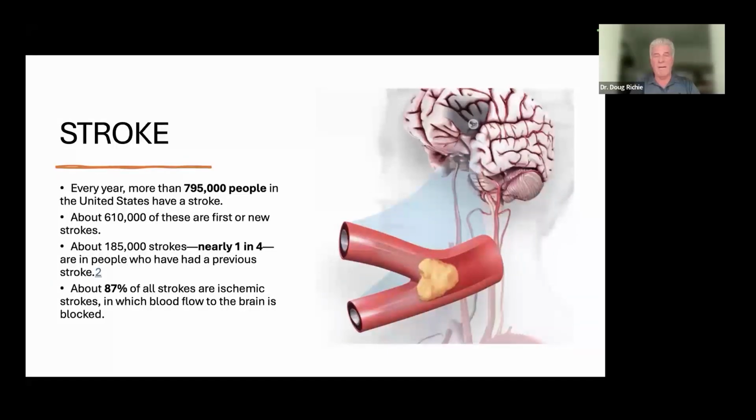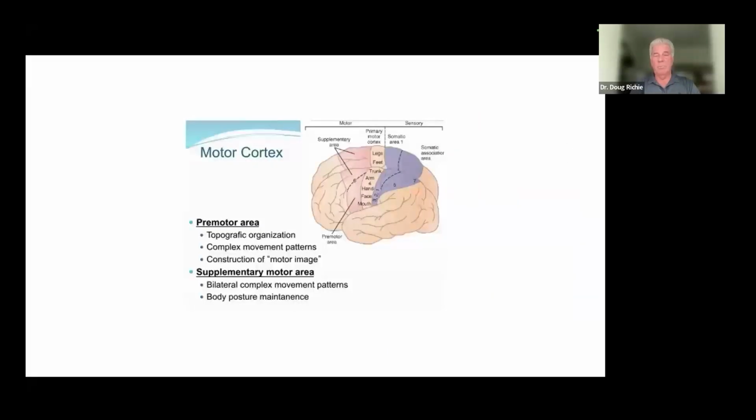So just some interesting facts there. As we know, many times the ischemic stroke affects the motor cortex of the brain, specifically two key areas, the premotor area or the supplementary motor area, which then compromises motor activation of the nerves that ultimately form the common peroneal nerve.